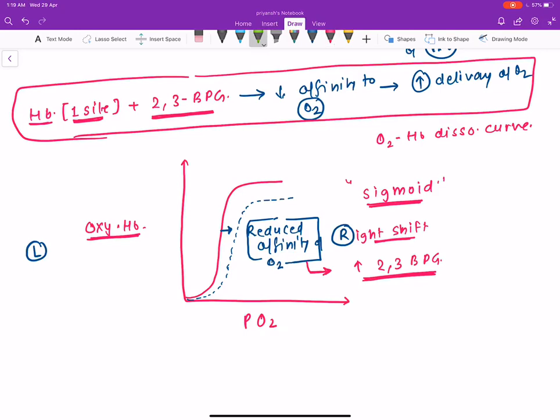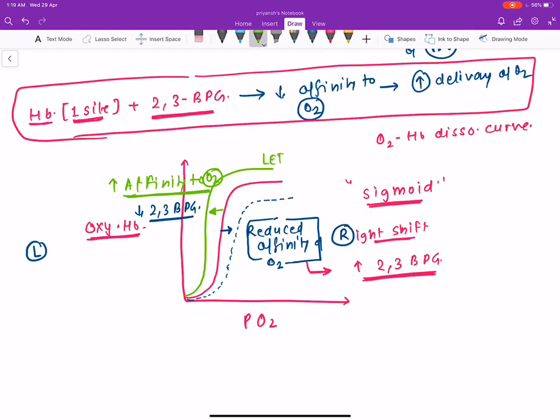On the other side, the curve can shift towards the left side. A left shift means there is an increase in affinity of hemoglobin for oxygen. The increase in affinity occurs in only one condition, a decrease in 2,3-BPG. If you decrease the amount of 2,3-BPG, there will be an increase in affinity, so the curve will shift towards the left side.